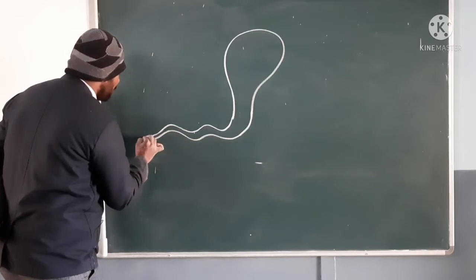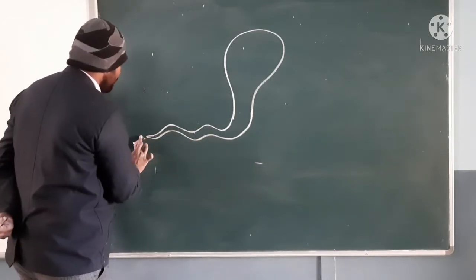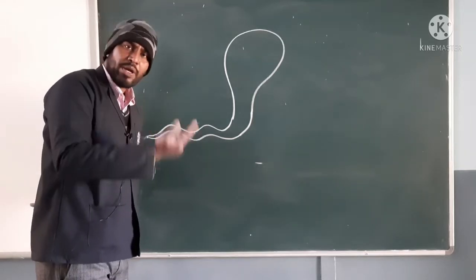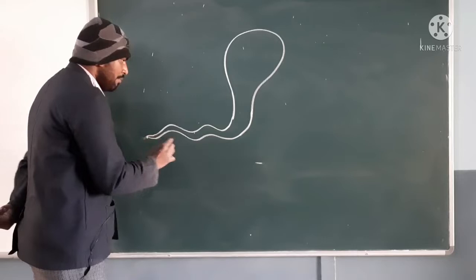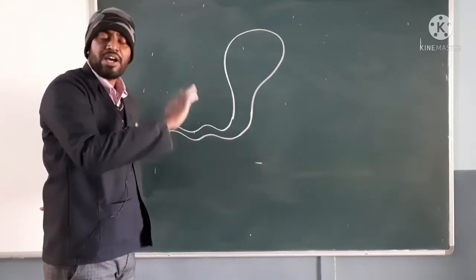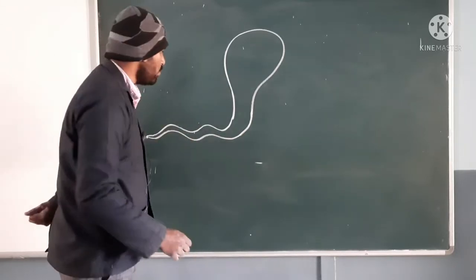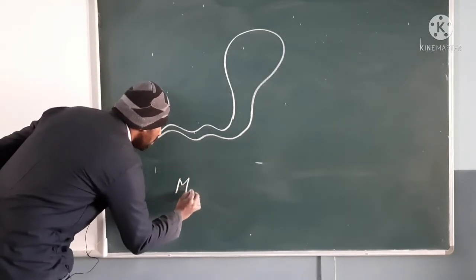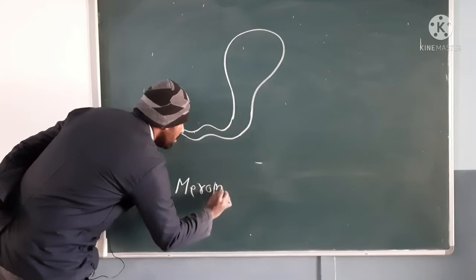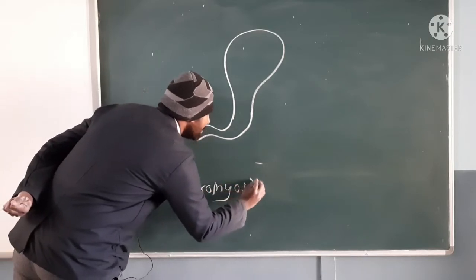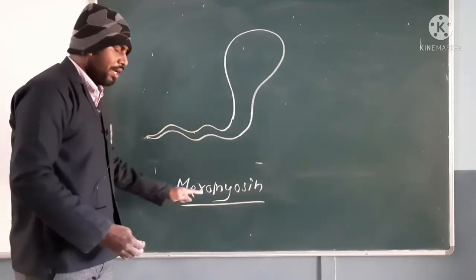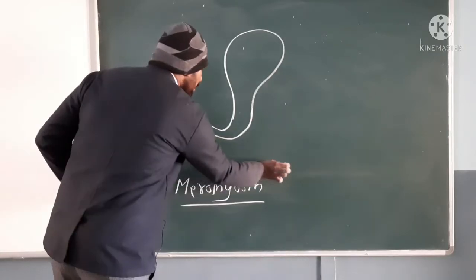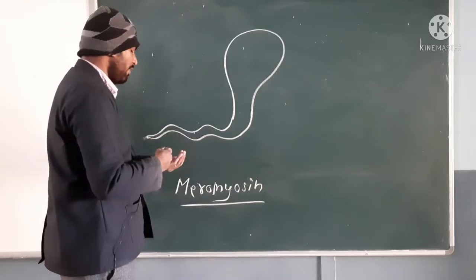The three regions of meromyosin we can see here in a single monomer, that means in a single molecule of meromyosin, and a number of meromyosins are arranged in the thick filament myosin protein. So we are drawing the structure of meromyosin, don't get confused. Meromyosin is the monomer, that means when a number of meromyosins arrange together, they form myosin protein, the thick filament.